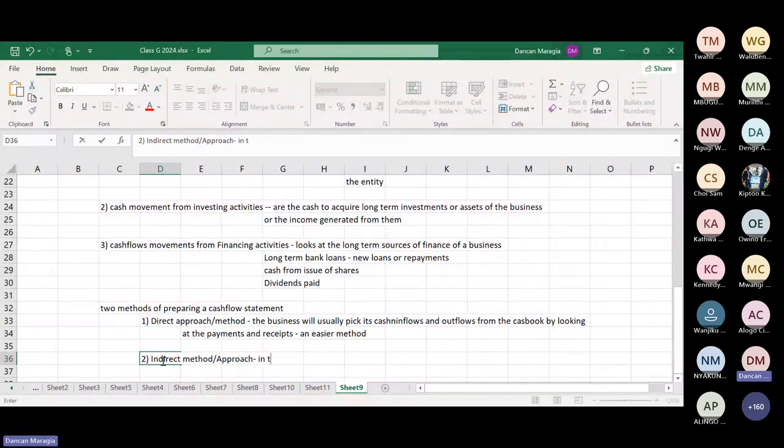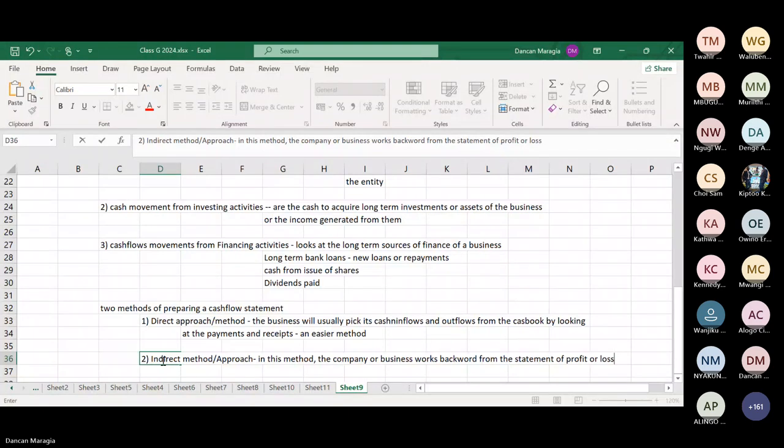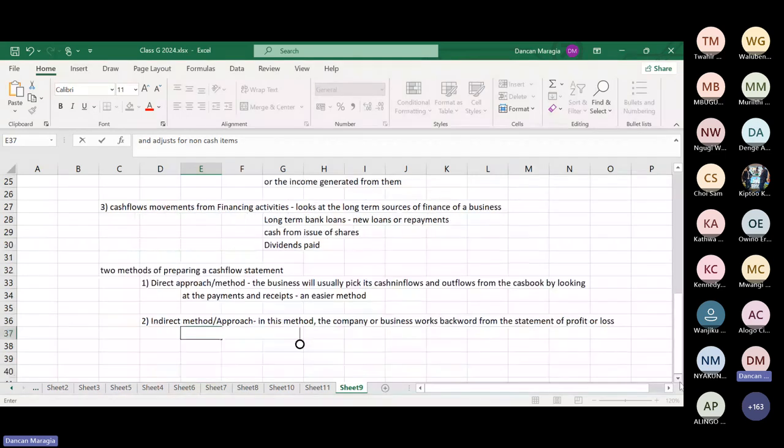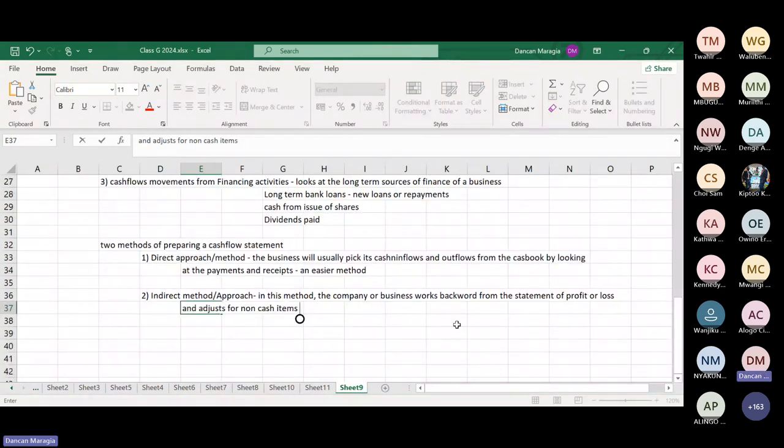In this method, the company or business works backwards from the statement of profit or loss and adjusts for non-cash items. Now, remember, there is that concept of the accrual basis. It tries to eliminate accrual basis items that were recognized.